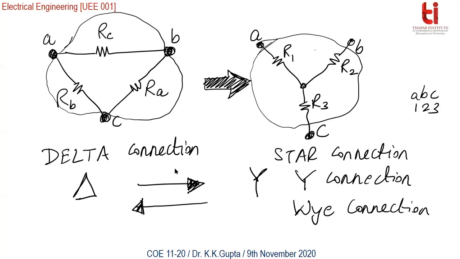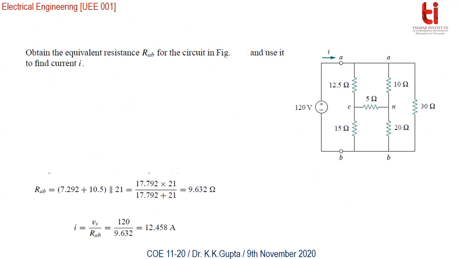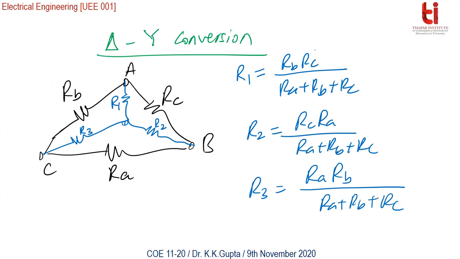Let us quickly recall the formula before we do some practice. We had discussed how to name the resistances properly, right? These are the three terminals where we are going to place a delta connection or its equivalent star, or vice versa.